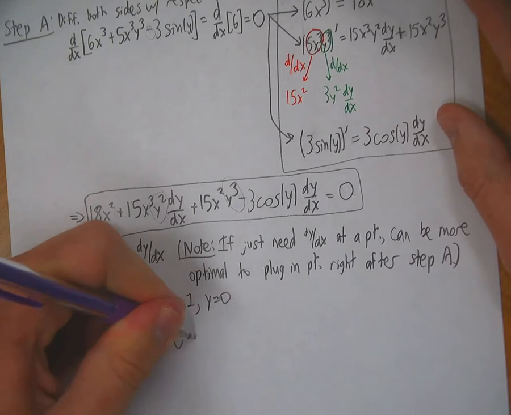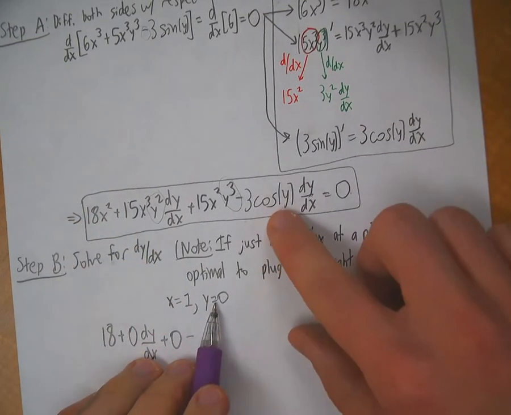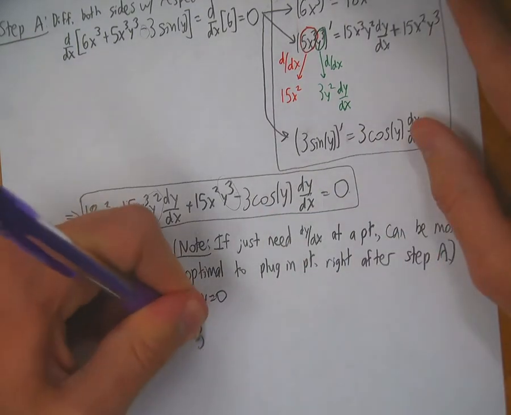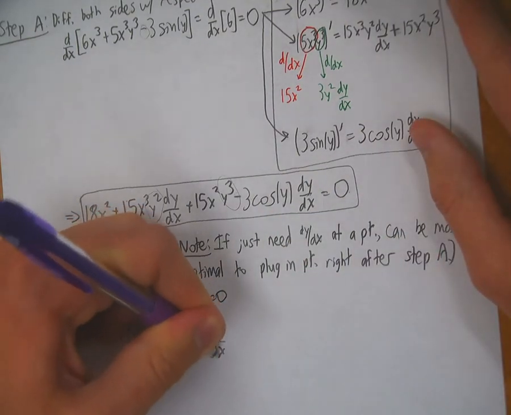And then minus 3 times cosine of 0, but what's cosine of 0? Just 1. So we have 3 times dy over dx equals 0.